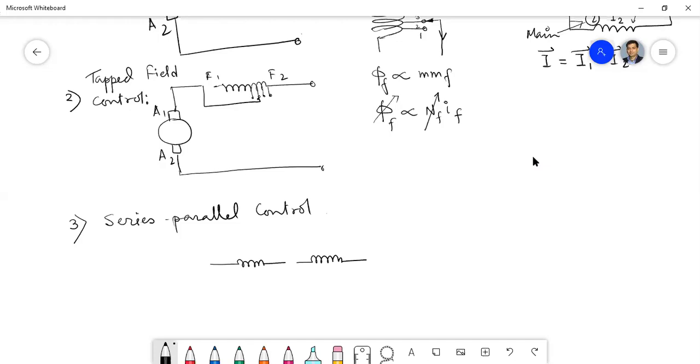Suppose you have started coiling the field coil, and before the last few turns, you start tapping.